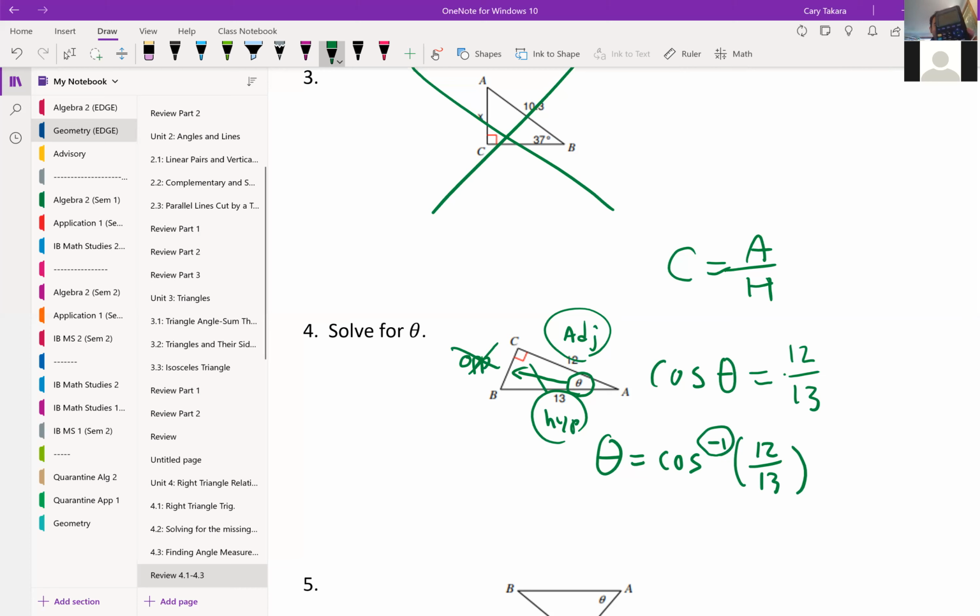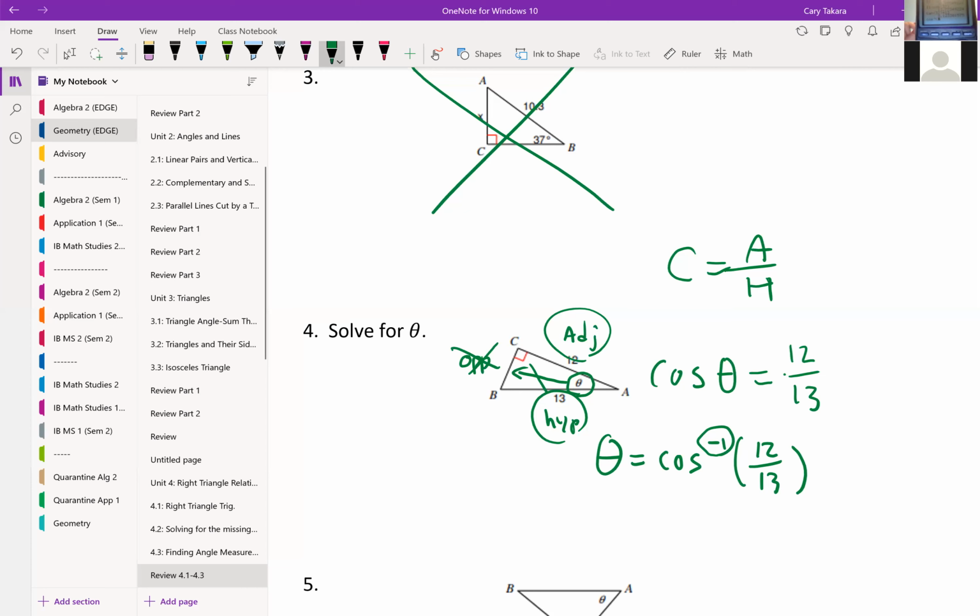How do you do that on the calculator? Just right above the cosine button. Do you see that? Cosine and negative first power? That's the inverse. So you have to press second and then the cosine button. Now I've got inverse cosine.